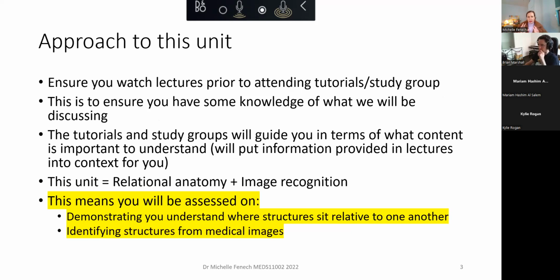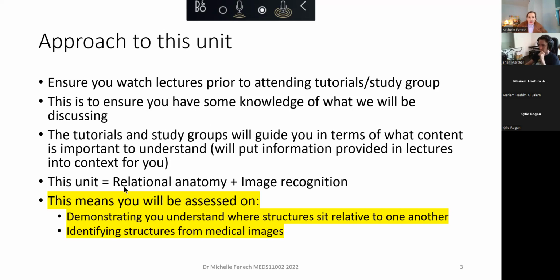Try and go, I'm not going to remember everything. I will guide you and tell you the main important things that you need to understand. I simplify it quite a lot in these tutorials and study groups, and I promise you that will happen.